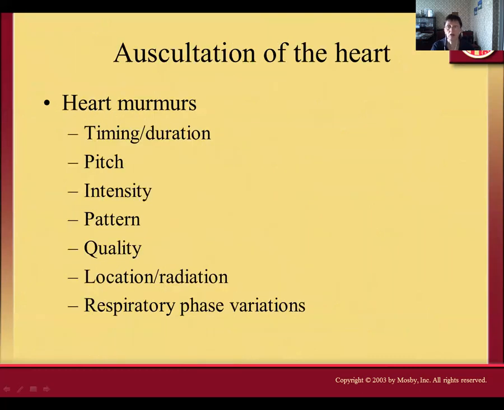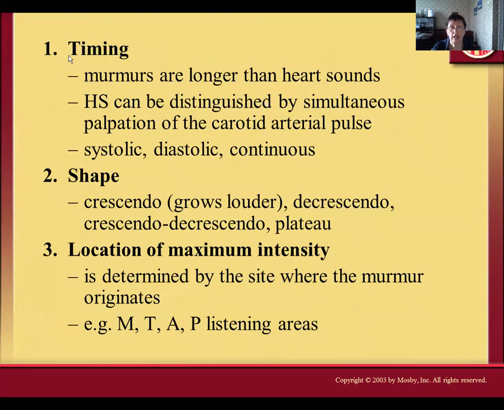Well, in auscultation of the heart, we also check the heart murmurs. This is after distinguishing the sounds, we check heart murmurs. What should we know about murmurs? You see such characteristics of them. First of all, we check timing. When the murmur appears, it may be systolic, diastolic, or continuous in both phases.